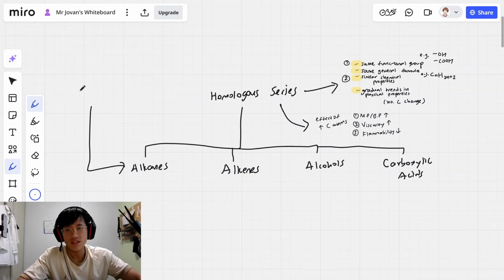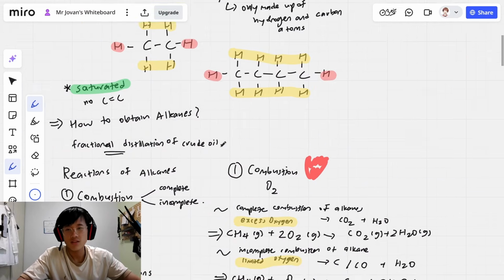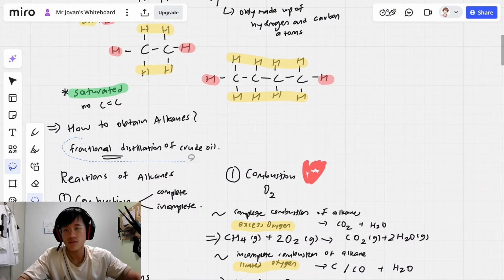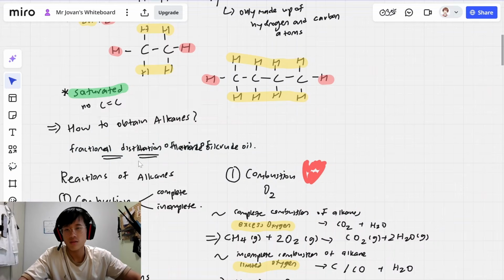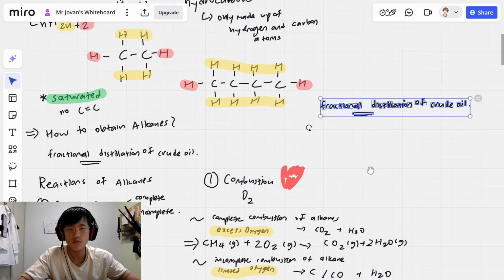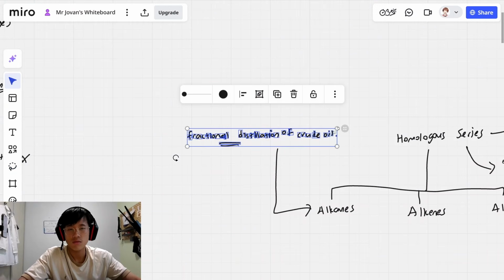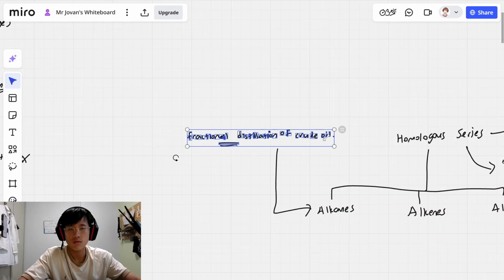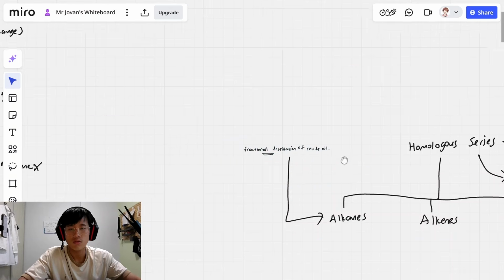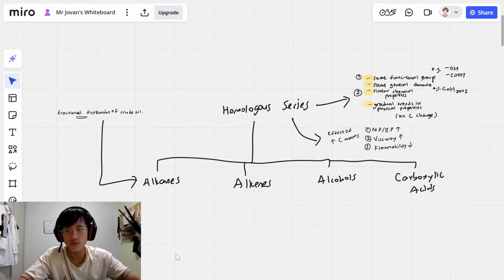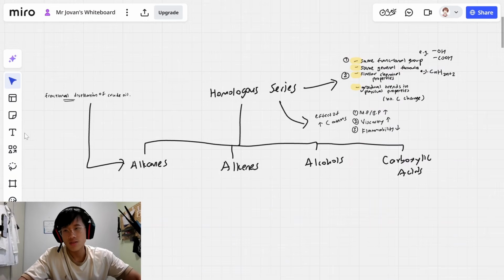How do we get alkanes? Fractional distillation of crude oil. From alkanes to alkenes, what was the process called? Do you remember?